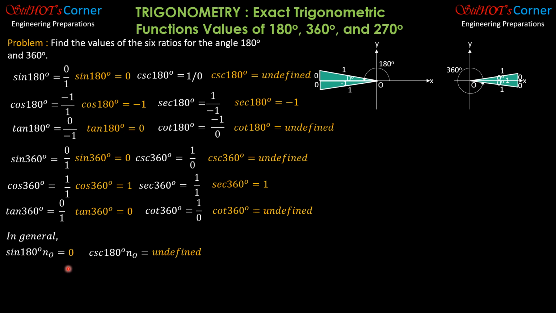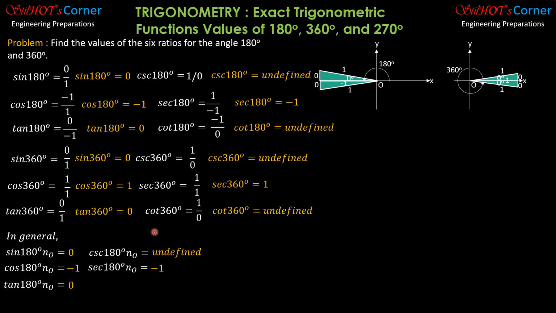1 over 0. Then cosine of 180 degrees N sub O is equal to negative 1 over 1, and therefore it is negative 1. And its reciprocal, which is secant, is 1 over negative 1, so it is also negative 1. Then tangent of 180 degrees N sub O is opposite 0 over adjacent negative 1, so that is 0.